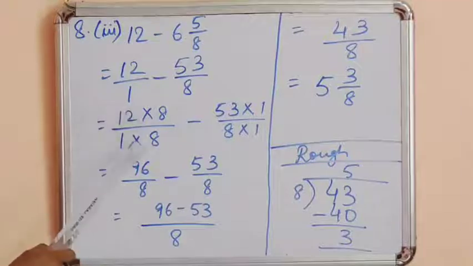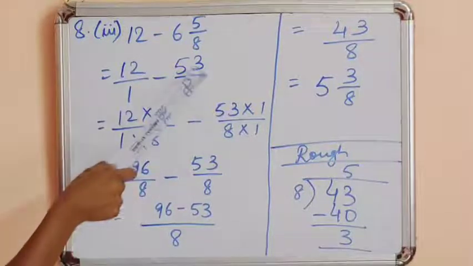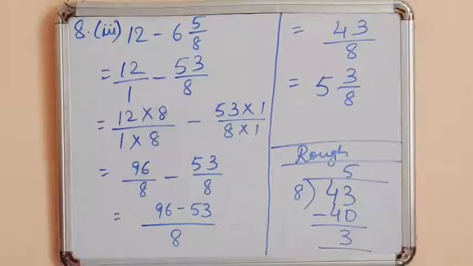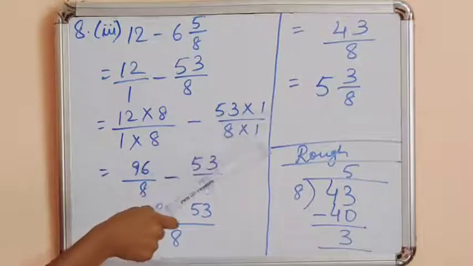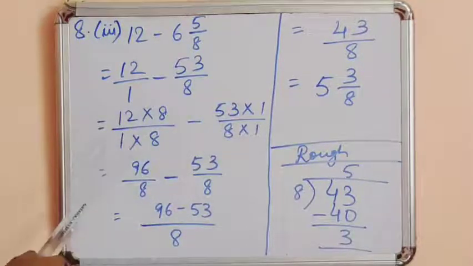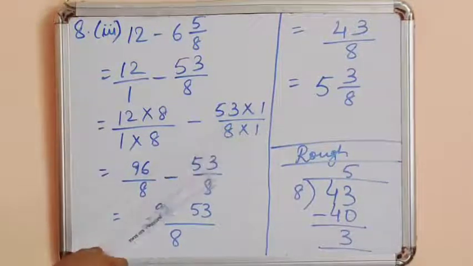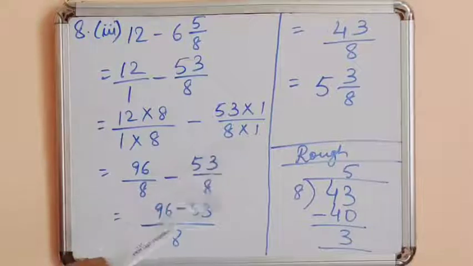So 12 into 8 by 1 into 8 minus 53 by 8. Here this one is already 8, so we are going to multiply this with 1. So 53 into 1 by 8 into 1. Now if you solve this, you will get 12 into 8 is 96 by 1 into 8 is 8. Minus 53 into 1 is 53 by 8 into 1 is 8.